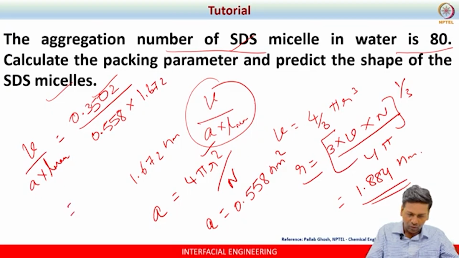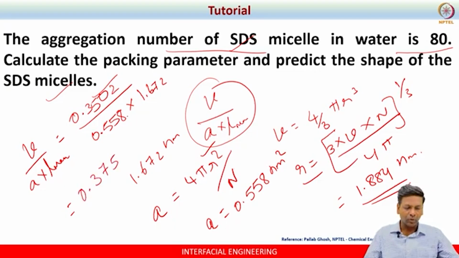When you calculate this, based on the Tanford equation, V by A into L max comes out as 0.375.